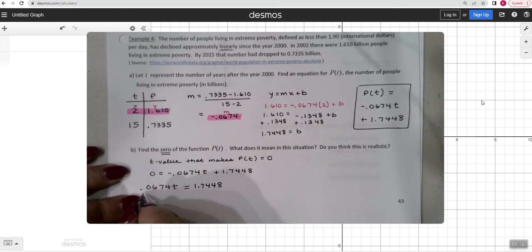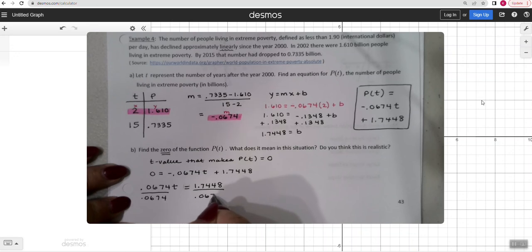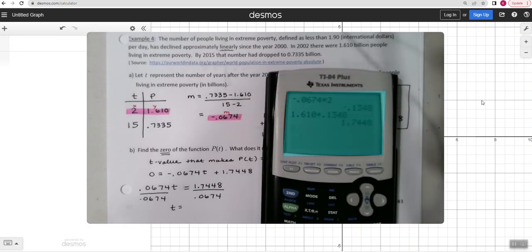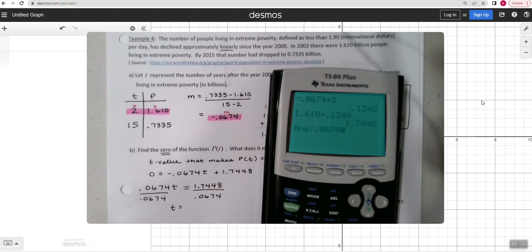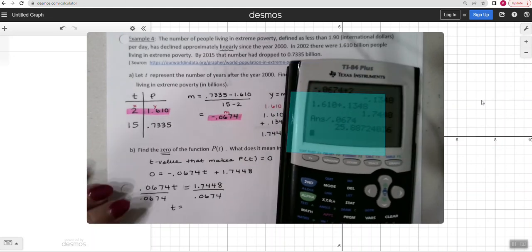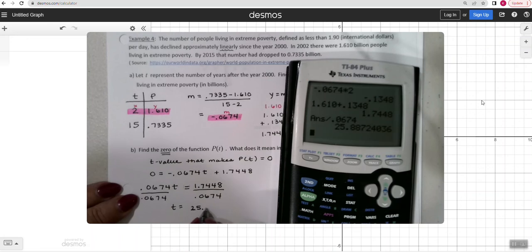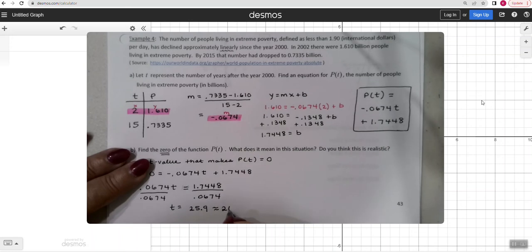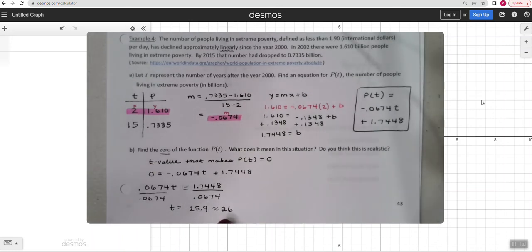And then I have to divide by the 0.0674. And I get about 25.9. If I want to round off to the nearest whole year, I could call it about 26. So by the year 2026, P, the number of people in poverty, has become 0.